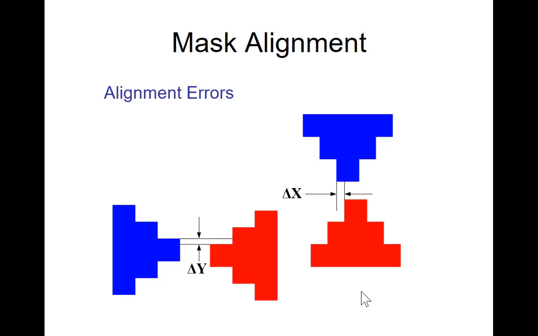For example, when I make the wells, I need to place the masks at the right location. And later on, when I come back to put the gate poly or the transistor in the well, I need to come back to the exact location. So when you come back at the next level, alignment, coming back to the exact location, is very critical.